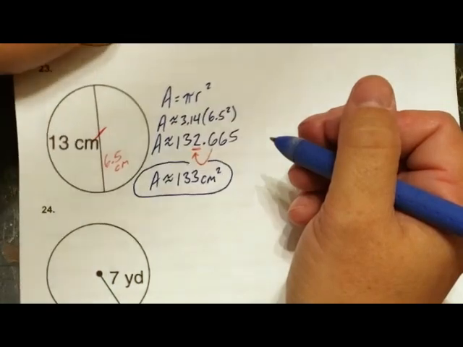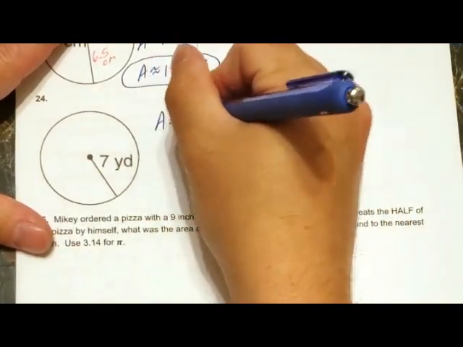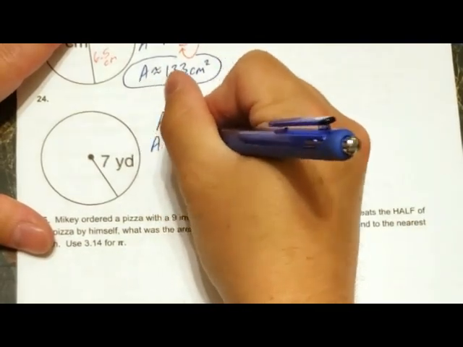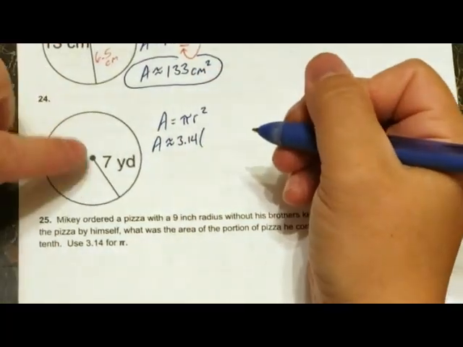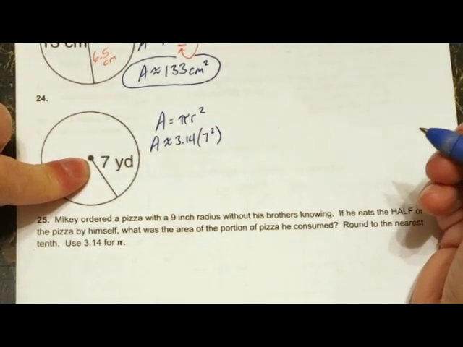Number 24. Same instructions. Find the area. Area equals pi r squared. Area is about 3.14 times the radius is 7, so 7 squared.